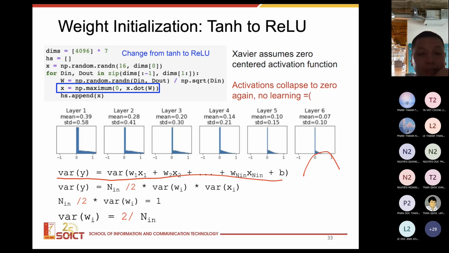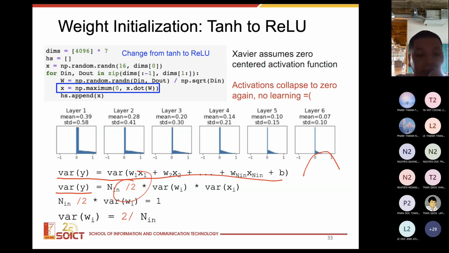You can see the variance of y will equal half of the number of input dimensions, that is, the number of input dimensions divided by 2, multiplied by the variance of Wi, multiplied by the variance of xi, right? If you want the detailed proof of that, you might take a look at that paper.